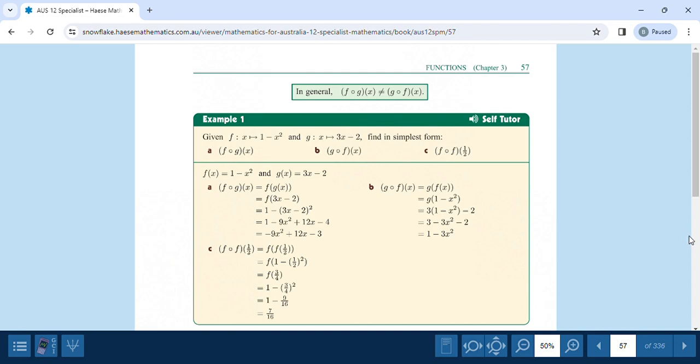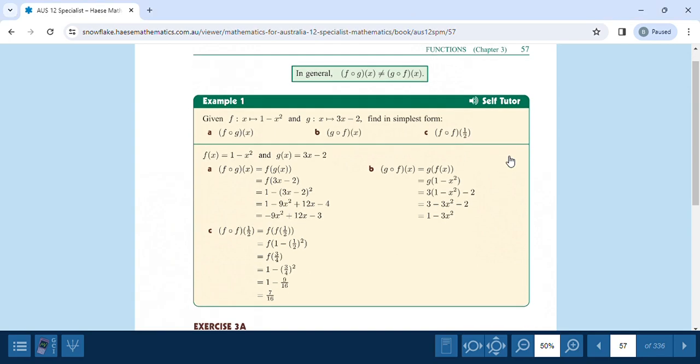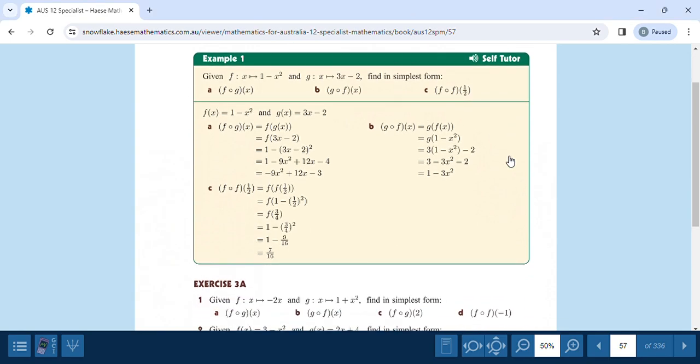And then you've got an example where it's a lot of substitution. That's basically all of this is, but it's still good practice.